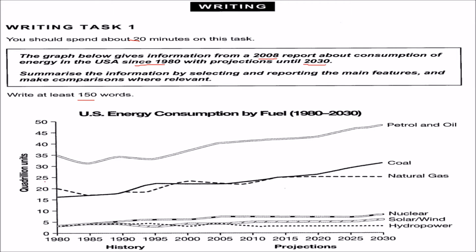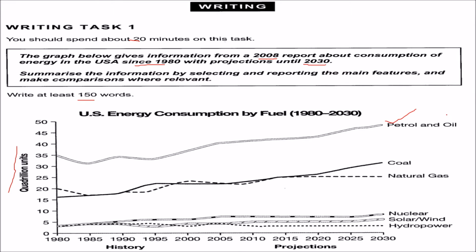So this is a graph of quadrillion units against the year of projection. And these are various different products: petrol and oil, coal, natural gas, nuclear, solar, wind, hydropower.